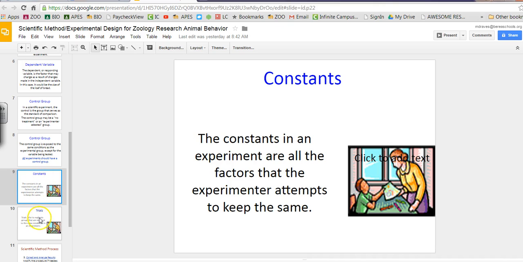So with the crayfish example, we want to make sure that temperature is the same, the amount of gravel is the same, the number of crayfish is the same, all of that. With the bread example, it could be the amount of ingredients that made the bread. So have the same amount of salt, same amount of flour, same amount of water, but different amounts of sugar. So the constants will be everything but the sugar.